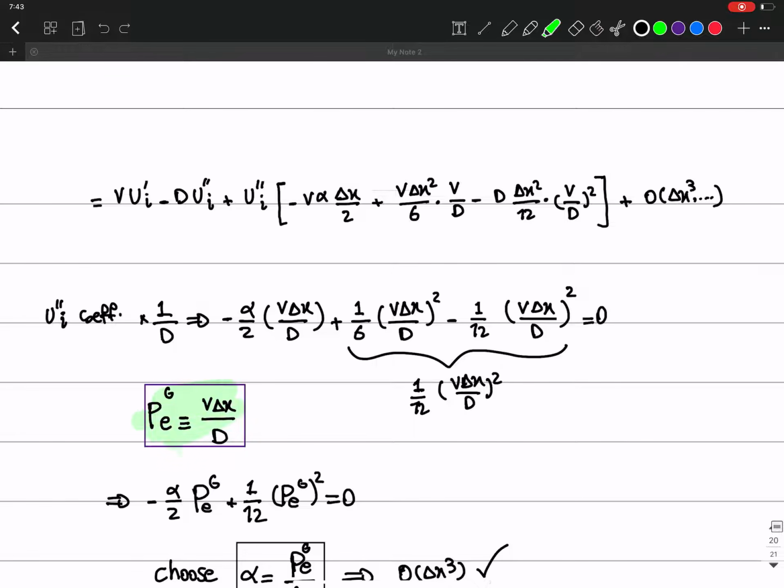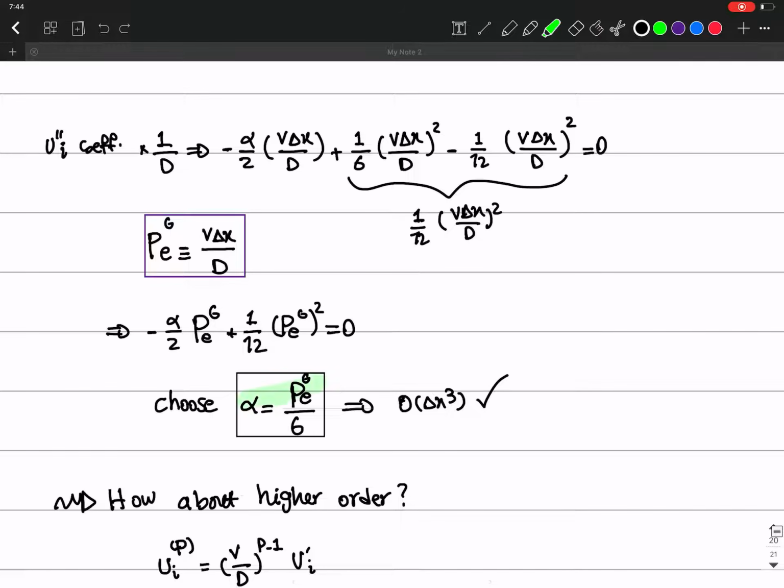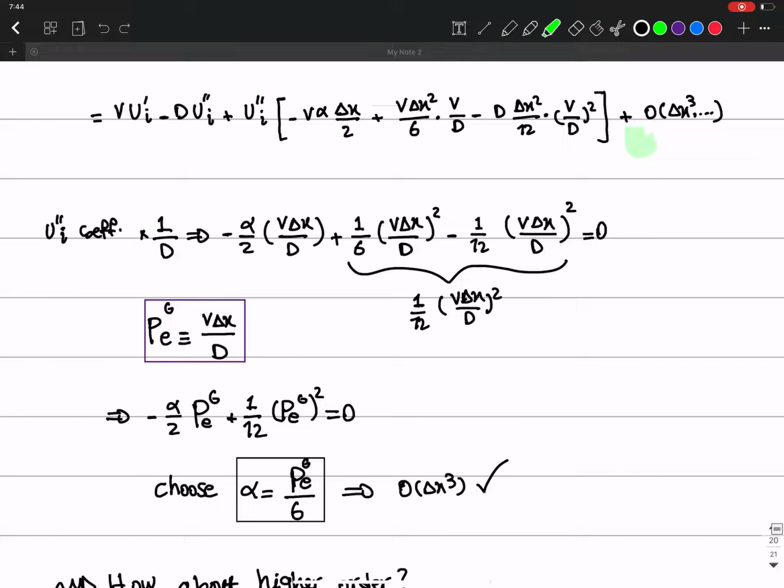So I defined the Péclet number as v delta x over d. Then this led me to this equation, Péclet number minus alpha over 2 Péclet number plus 1 over 12 Péclet number squared. And if we choose alpha to be Péclet over 6, then the approximation is going to give me order delta x cubed, because this is going to be 0, and we are only left with this.